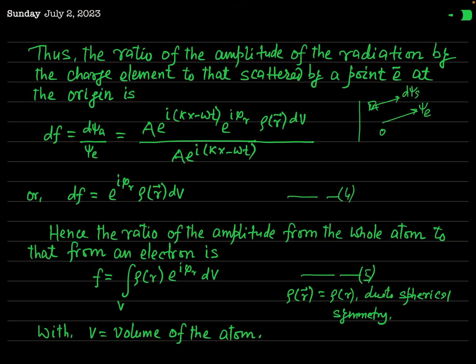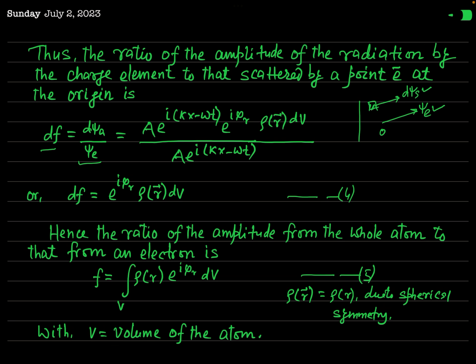So the ratio of the amplitude of the radiation scattered from this volume element, d psi a, and that from the electron will be what? This ratio is denoted by the symbol df. So df will be d psi a divided by psi e.